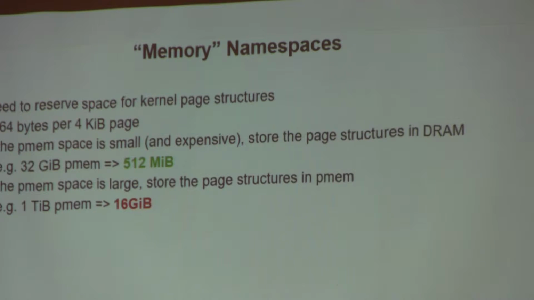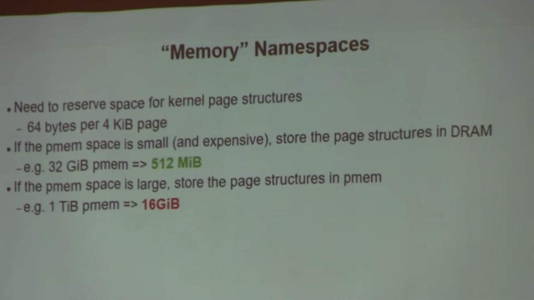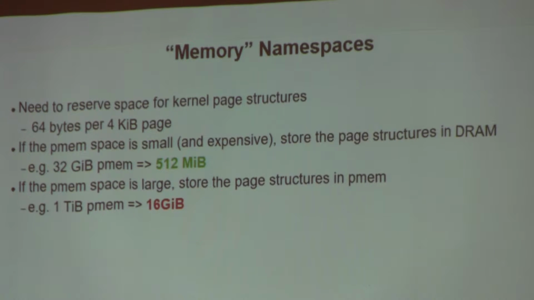And in the case where your PMEM is relatively modest size, for example, 32 gig, then that comes out to be 512 megabytes. You could put those into your standard DRAM that you're using to run the operating system without any trouble.